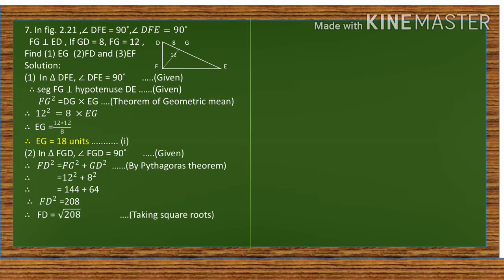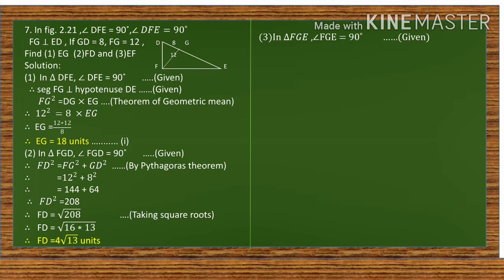Therefore, FD square is equal to 208. Taking square root of both sides, FD is equal to under root of 208. 208 can be written as 16 into 13. Therefore, FD is equal to 4 root 13 units.